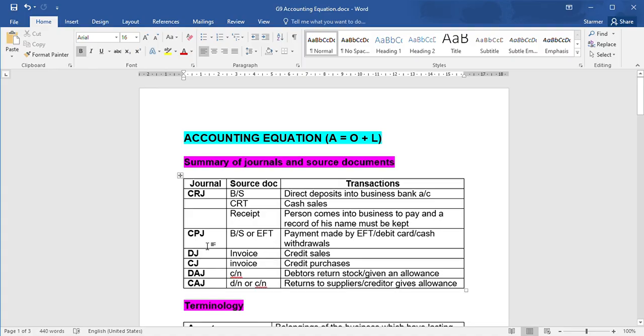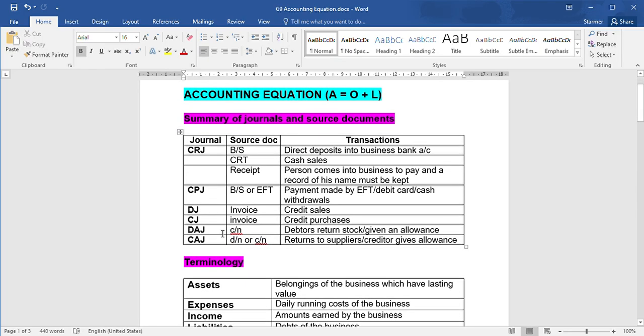Then your cash payments journal, that's used for payments made by EFT, by debit card, or if you withdraw cash, and the source document here is either bank statement or you can use EFT for the EFT payments. Debtors journal is when we sell on credit, okay, and the document there is invoice.